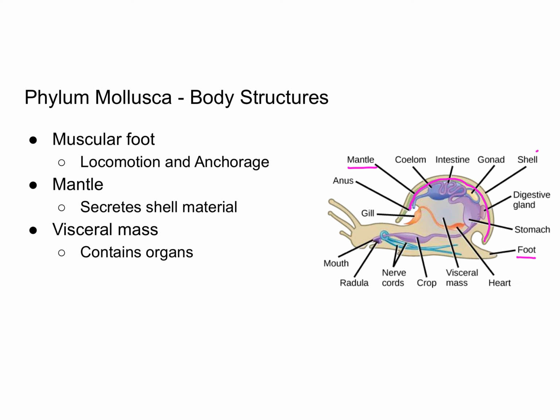The shell itself, that calcium and other molecules, is secreted by the mantle to make the shell. They also have this area known as the visceral mass, and that is where the internal organs are located. So you can see that they have a stomach and a heart, gonads, etc.